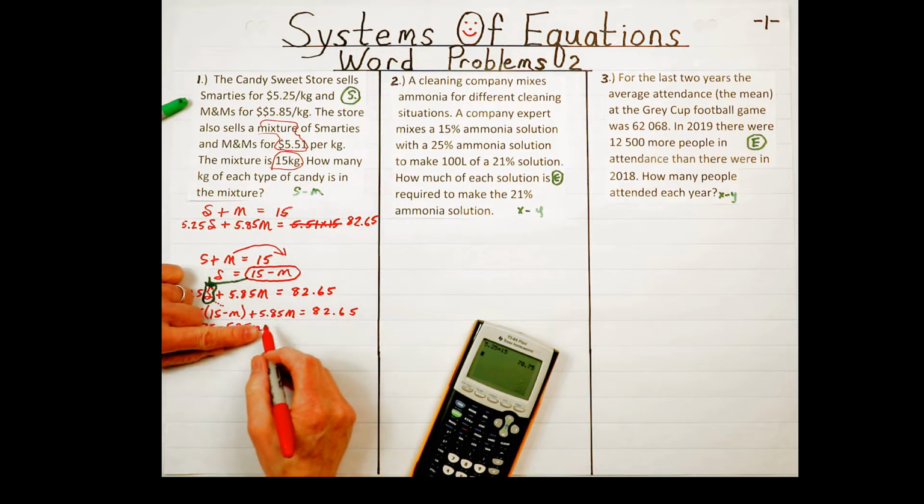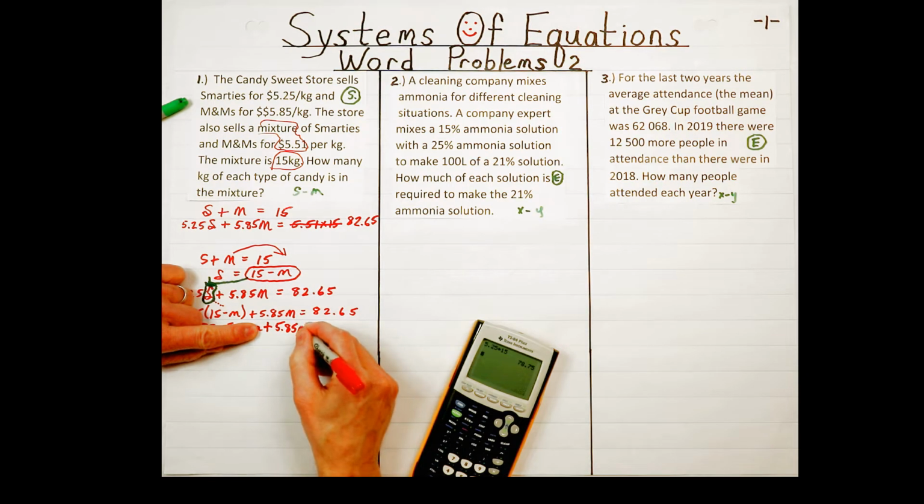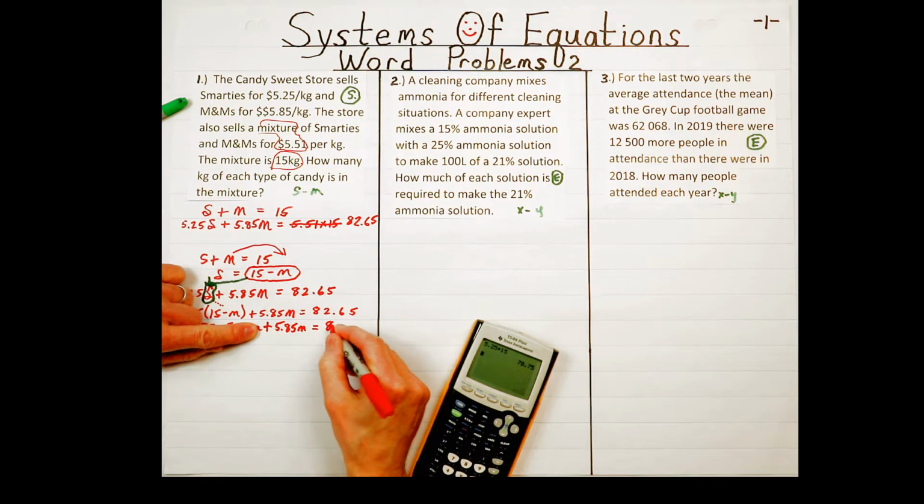And then I'm going to bring down the plus 585m, bring down the equal sign, bring down 8265.